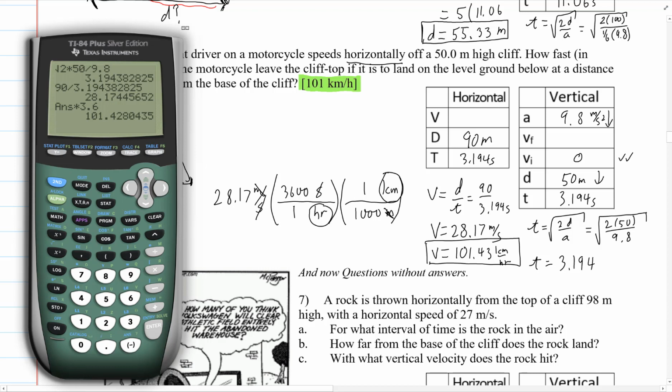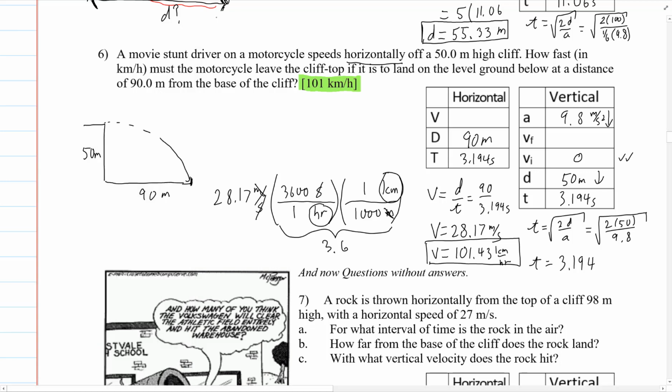So we take this 28.17, multiply it by 3,600, and divide it by 1,000. Well, this is the same as 3.6. So that's why we multiplied by 3.6. I took the answer of 28.17 and multiplied by 3.6, and we get it in kilometers per hour. There's the shortcut, or the long cut.